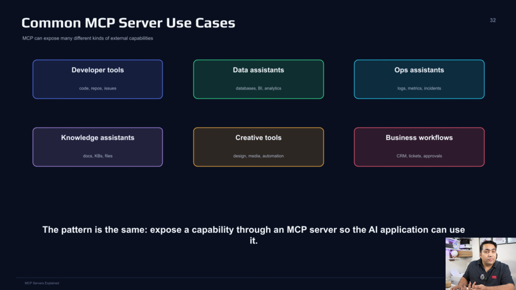And for business workflows, it can expose CRM systems, tickets, approvals, and automation. So the pattern stays the same. Expose a capability through an MCP server so the AI application can use it.